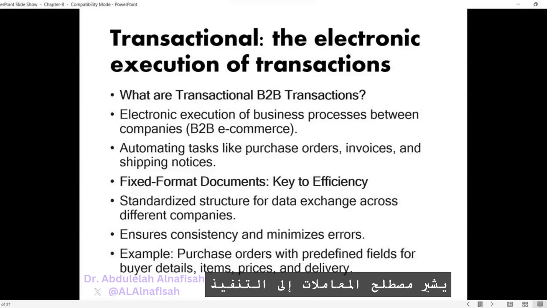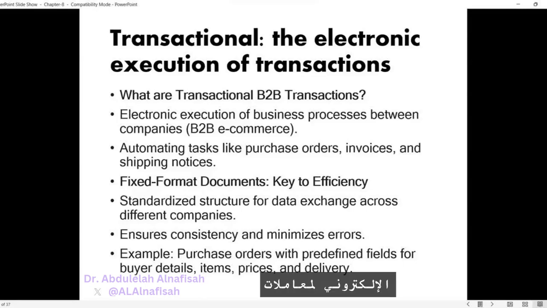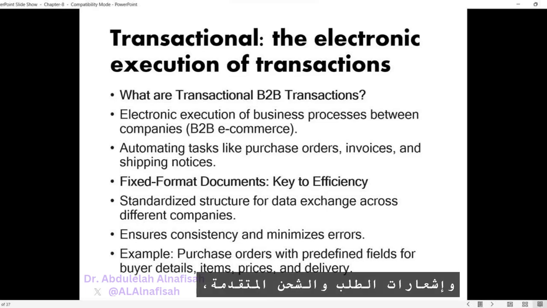The term transactional refers to the electronic execution of specific business transactions, particularly within the realm of business-to-business, B2B, e-commerce. In this context, trading partners aim to automate various types of business transactions, such as purchase orders, invoices, order and advanced shipment notices, load tendering and acknowledgements, and freight invoices and payments.